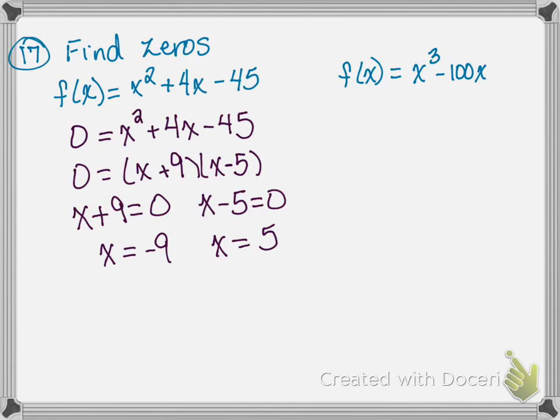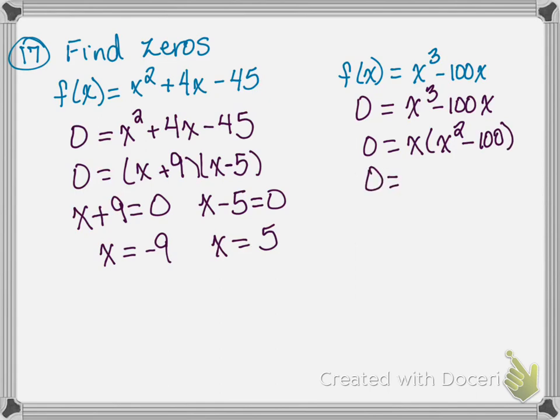Now for this one, our first step is setting it equal to 0. Okay, we factor out the common factor and we're left with x squared minus 100. That is a difference of perfect squares. And so we've got x plus 10 and x minus 10.